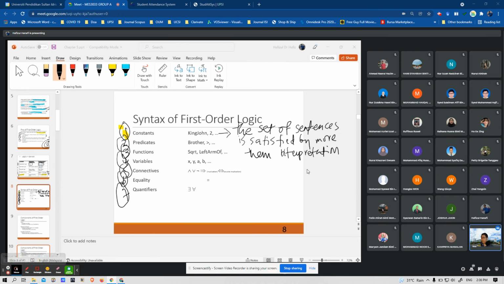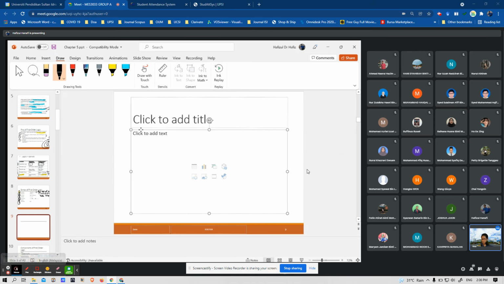And then we have a predicate. A predicate in first order logic is a symbol which represents a property or relation. Okay, this one is basically all in the first order logic for the predicates.